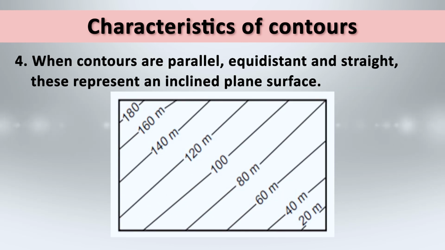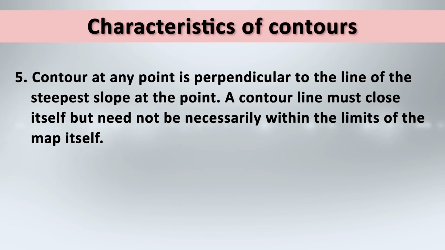Fourth, contours equally spaced depict a uniform slope. When contours are parallel, equidistant and straight, these represent an inclined plane surface. The fifth characteristic is that a contour at any point is perpendicular to the line of the steepest slope at that point.